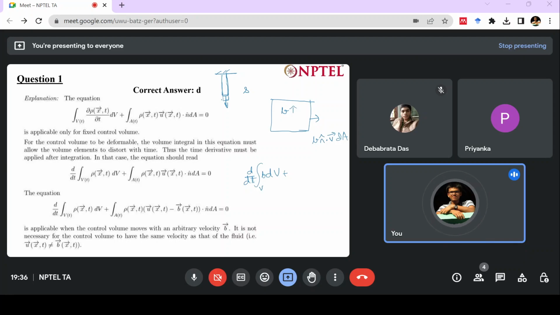Since this is an integral form of equation, we don't need to bother about whether my material is in the continuum regime or not. Even if it is not in the continuum regime, this will still be valid because it's taken in an integral sense.